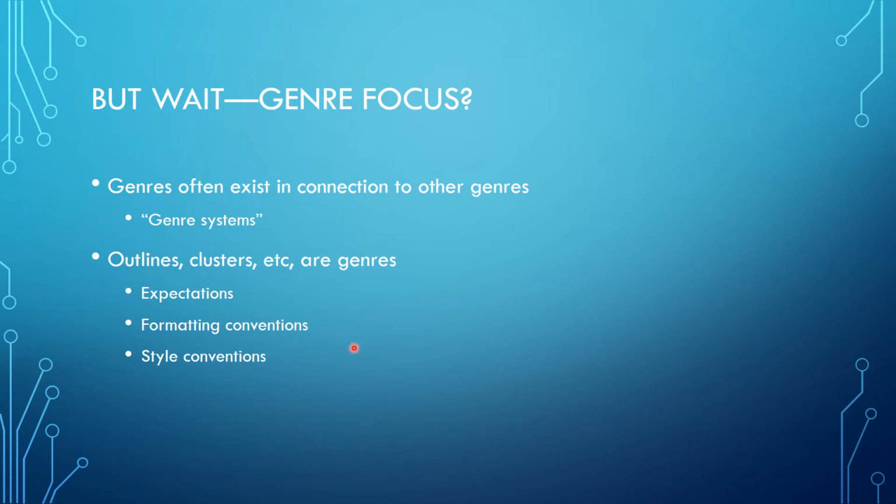So I called this a genre focus, and again, you're going, why is this genre? So genres often exist in connection to other genres in a network, and we call those genre systems. And so these genre systems are genres that are dependent upon each other, or that are in some other way intimately related to each other. Outlines and clusters and so on are their own genres.